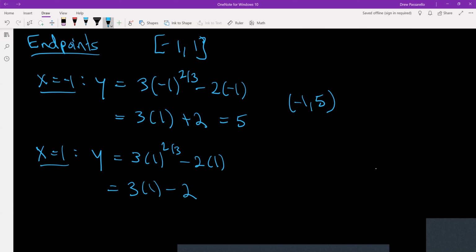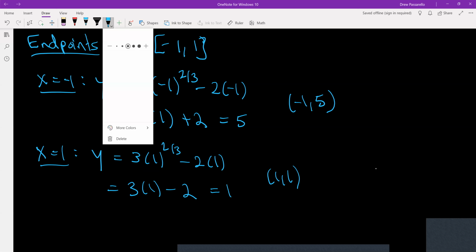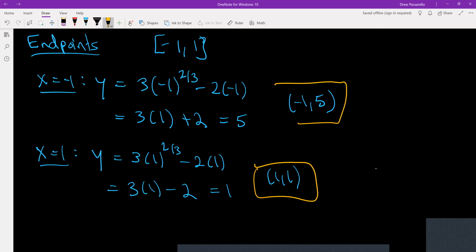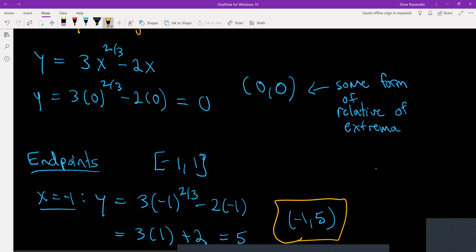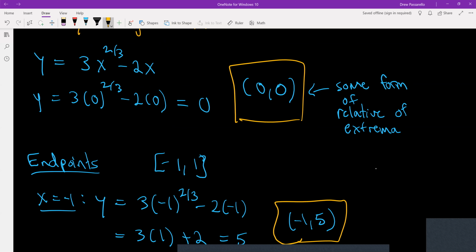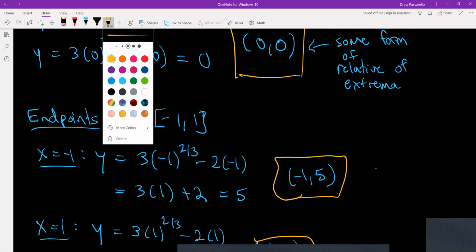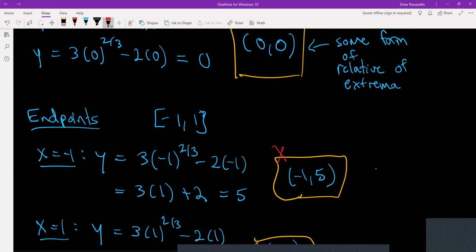So 3 minus 2, so that gives me 1. So that's the point 1, comma 1. So as far as the points, these were from the endpoints, and then the critical number had 0, comma 0. So out of my options, negative 1, comma 5 is the absolute max because it's got the highest y coordinate. And then 0, comma 0 is the absolute min because 0 is the smallest y coordinate.